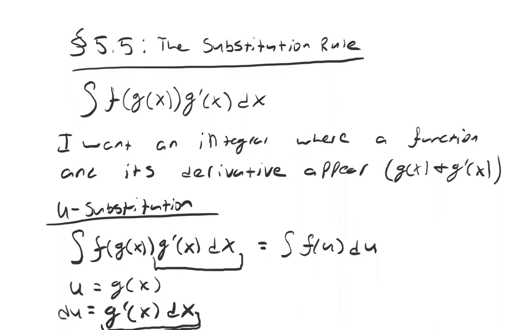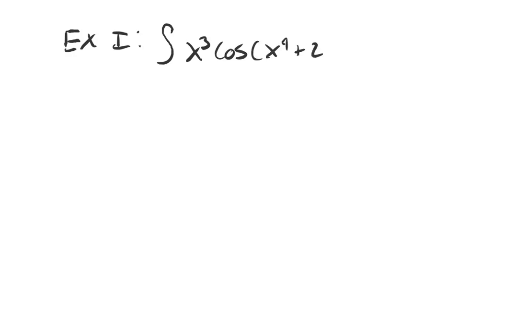Okay, so moving to a new whiteboard, we have our first example. We have the integral of x cubed cosine of x to the fourth plus 2 dx. The way you want to handle these problems is you want to try and write it as f of g of x and then g prime of x.